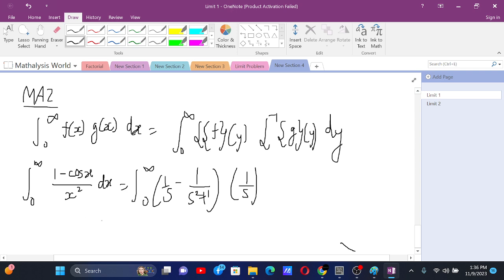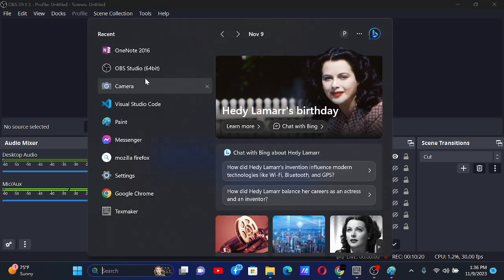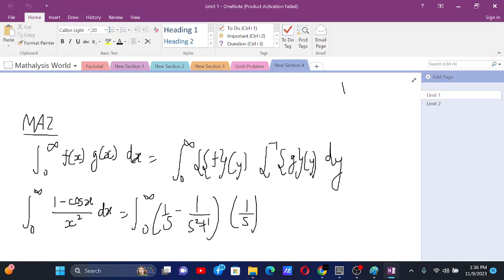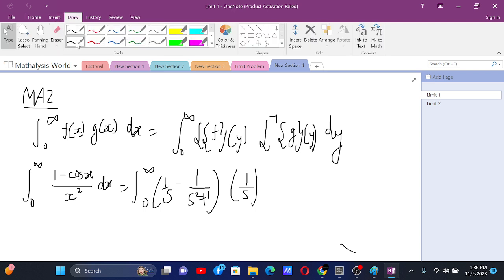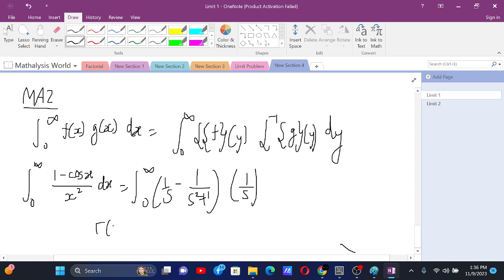For the Laplace transform to be gamma 2 by x to the power 2, we need to have the Laplace transform of e to the power minus s x t times, we need to have x to the power 1.